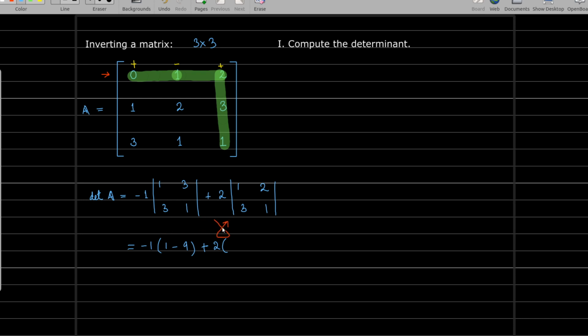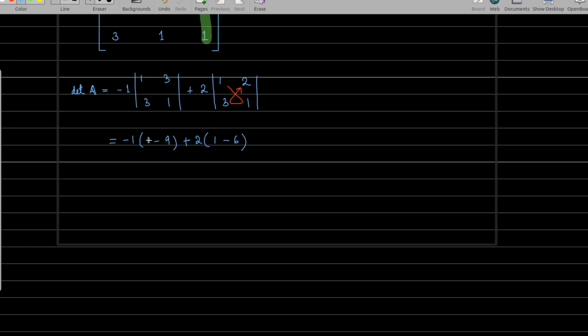Putting this over here, we have 2 times, 1 times 1 is 1, minus 3 times 2 is 6. So this gives us 1 minus 9 is minus 8, and minus 8 and minus 1 gives us plus 8. Then we have minus 5 here, since 1 minus 6 is minus 5, and minus 5 into 2 is minus 10. So this will give us the determinant to be equal to minus 2.